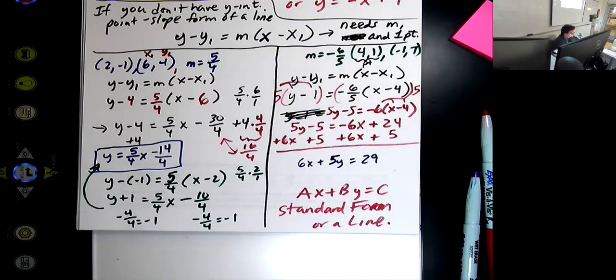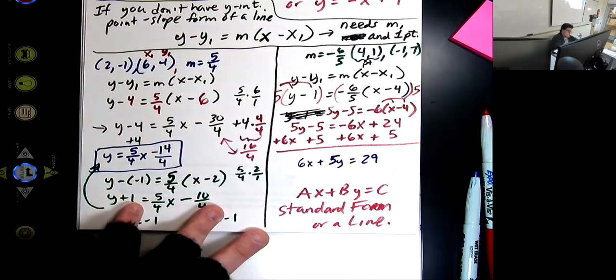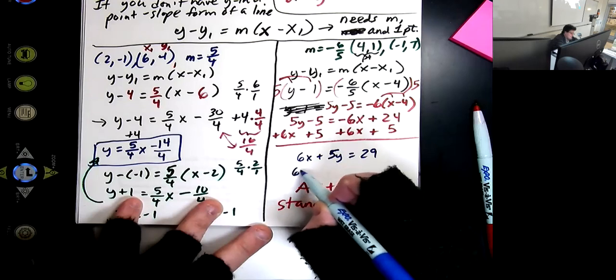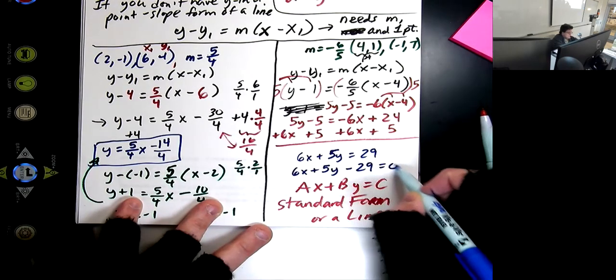Which part? You mean having the 29 over here? Yeah. You could, if you had subtracted 24 over, this would look like 6x plus 5y minus 29 equals 0.